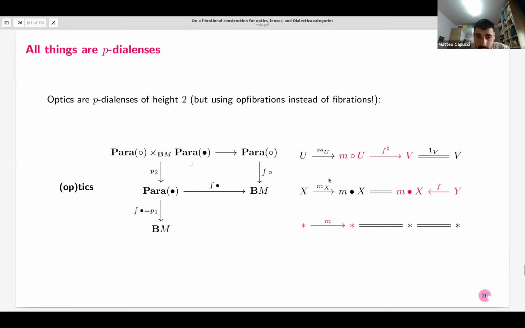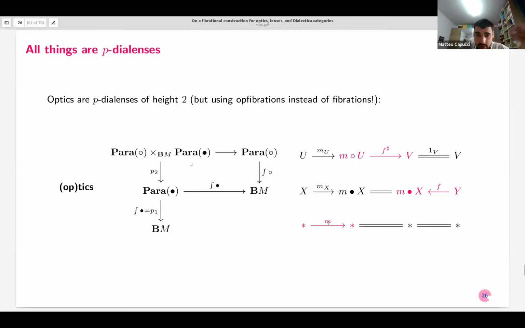So if you put everything together, the data of a morphism in this category here, so we implicitly did the iterated dual, of course. Its objects are pairs of two objects because the bottom objects are trivial.